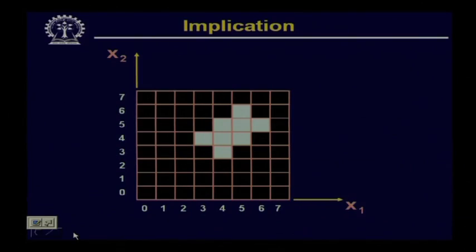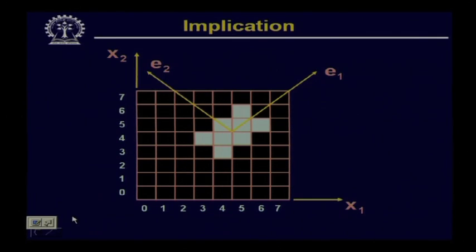By this, what we mean is like this one. This was our original figure, where all the white pixels are the object pixels. Now, by application of this transformation with transformation matrix A, we get two eigenvectors, E1 and E2.